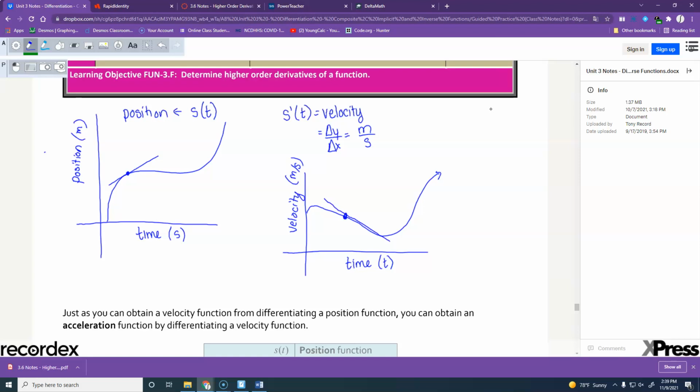So we're talking about S double prime of t, or we could call it V prime of t, the derivative of velocity. It is the rate of change of your velocity, which is going to be acceleration. Okay, so this is going to be acceleration.